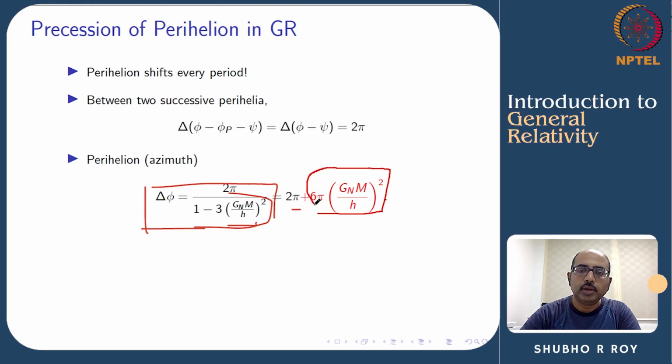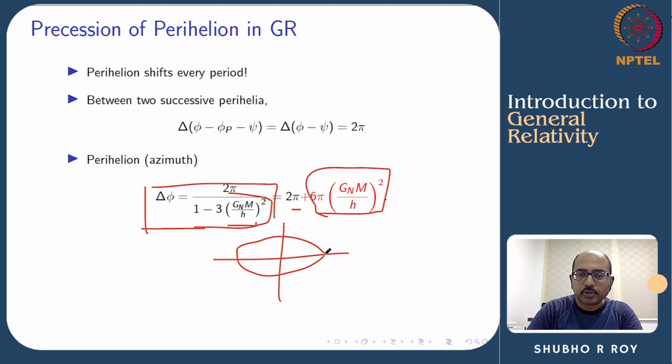What does it mean? Well, it means that instead of twice pi, in order to reach the second perihelion, we need to go beyond 2 pi. So let me again draw the ellipse. This is the first perihelion, and when it approaches the perihelion for the second time, it has to go not 2 pi but somewhere more than 2 pi, somewhere here.